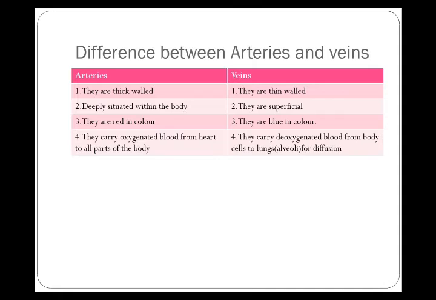They are red in color and they carry oxygenated blood from heart. And veins, they are thin walled, they are superficial, they are blue in color, and they carry deoxygenated blood from body cells to lungs for diffusion.